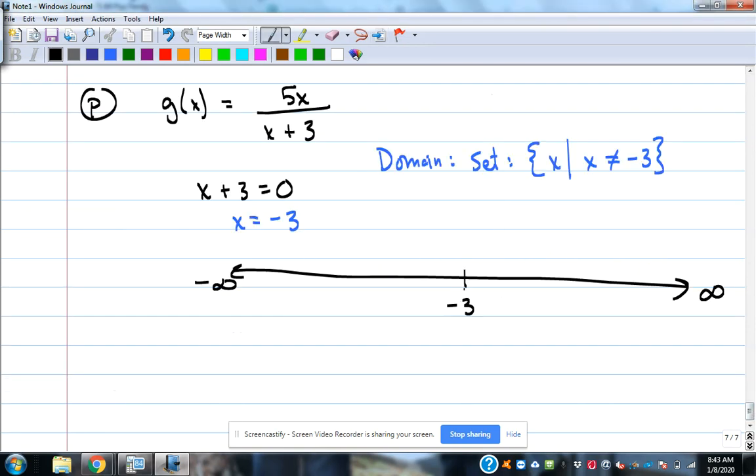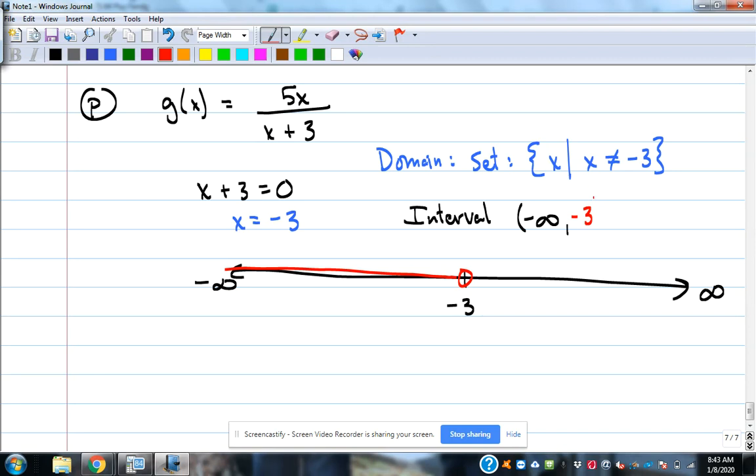So negative 3 is the only number that can't be used. When you're writing your interval set, you're going to start at negative infinity, and you're traveling along. Everything's going great until you get to negative 3, and we're skipping that one. So we got to leave a hole there. We got to stop at negative 3, so we're going to put negative 3 after the comma.